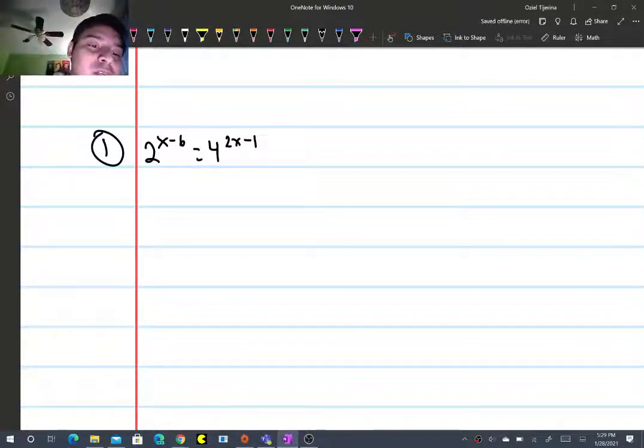So if I color code this really quick, I'm just going to say 2 to the x minus 6, right? And I'm going to go ahead and rewrite the 4 as 2 squared.